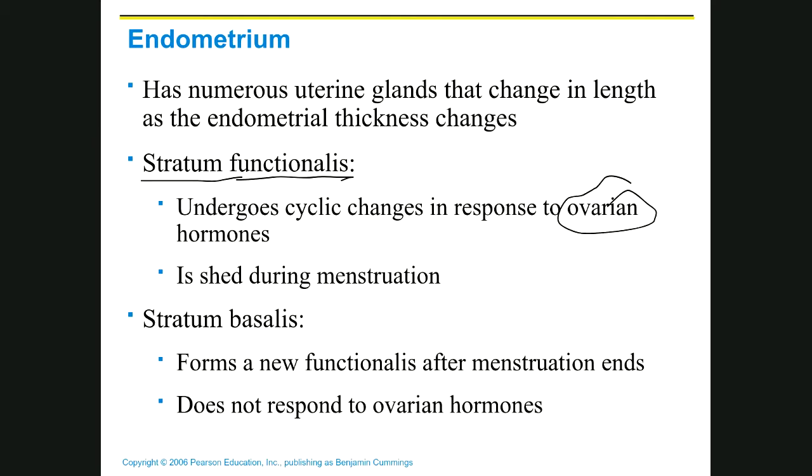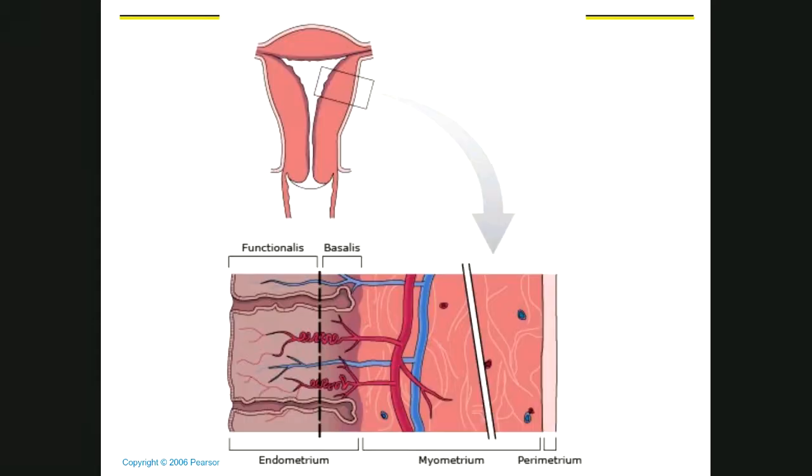And what it does is it grows, it becomes very, very secretory, and then it sloughs off. It's shed during menstruation. And you can see the two layers here. There's our one that doesn't change. There's the one that does. And depending on where you are on the cycle, remember this is going to grow.